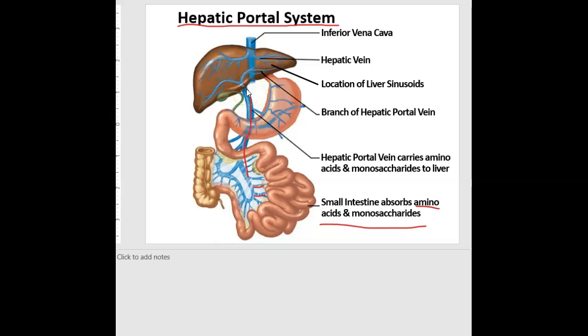And then, of course, the hepatic portal vein branches extensively, supplying small veins to the outside of each lobule. And then, of course, the sinusoids are located in here. And then the blood goes into the hepatic vein to the inferior vena cava and back to the heart. So the liver is the first organ that receives these nutrients.